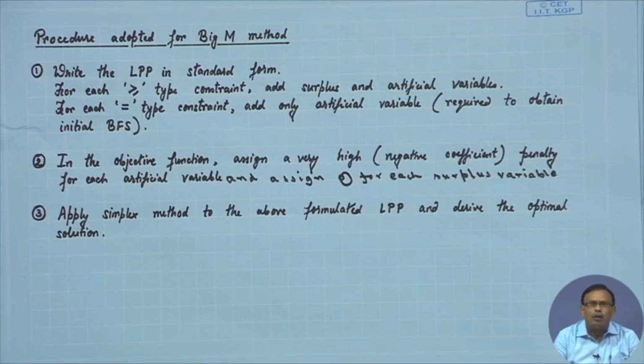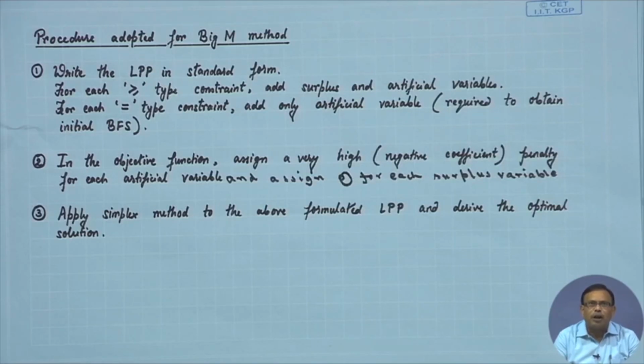The only extra thing here is that we are adding the surplus variable and artificial variables for each greater than equals type constraint. If I have a less than equals type constraint, we will add the slack variable, whereas if I have an equals type constraint, then I have to add an artificial variable, and that is to obtain the initial basic feasible solution.